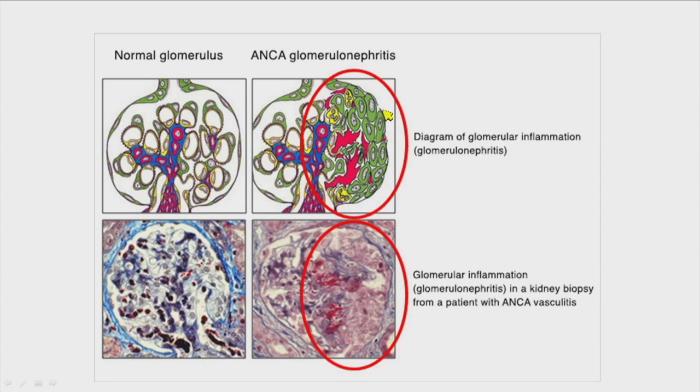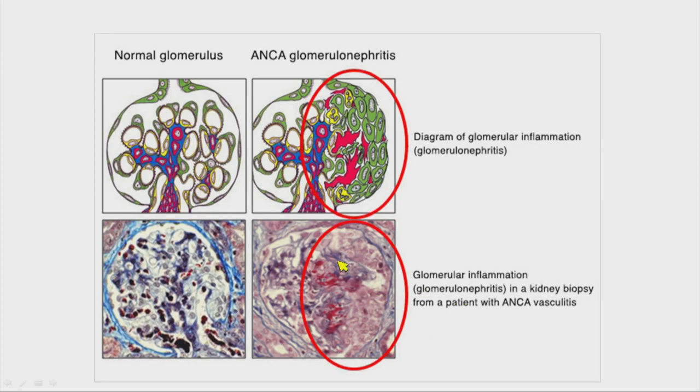So in this diagram, as you can see, the wall of the small vessels that form the glomeruli become inflamed, they swell up, and this brings a lot of inflammatory cells to the glomeruli and to the kidney, and this in the end results in scarring and areas of the kidney that are not functioning very well, so they cannot filter the blood and they cannot do the function they are supposed to be doing.